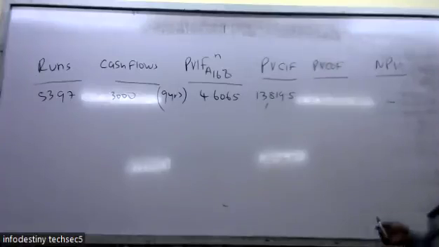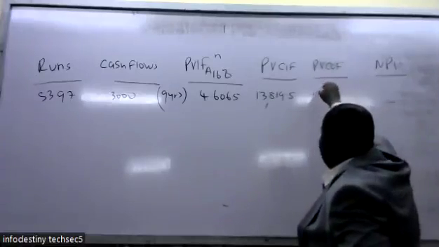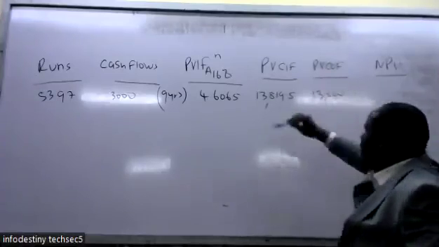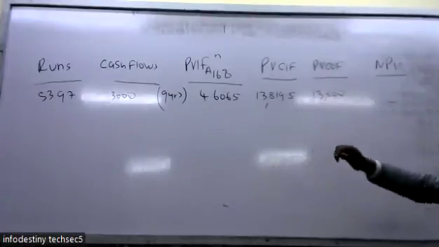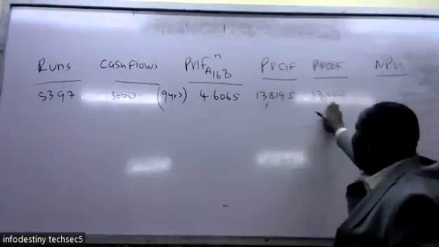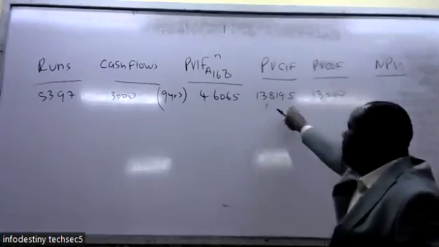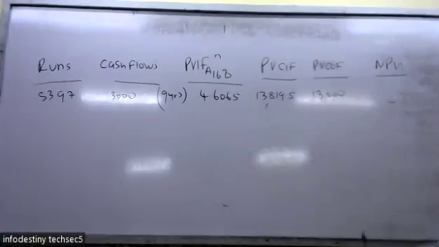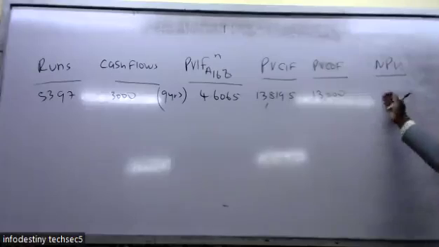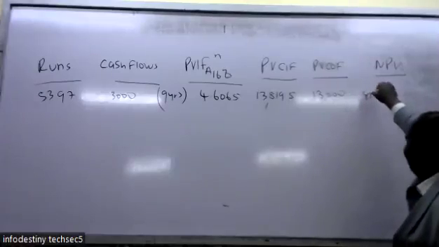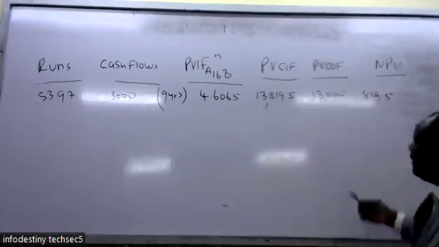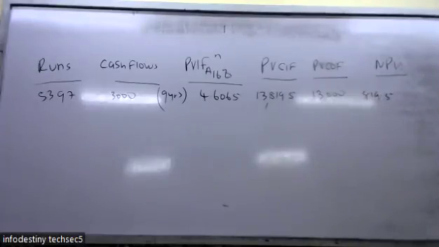So the present value for the cash outflow is 13 million. Now you simply subtract 13 million from 13.8195 million so that we get our NPV. So our NPV should be which figure? 819.5. So that's now the first run.